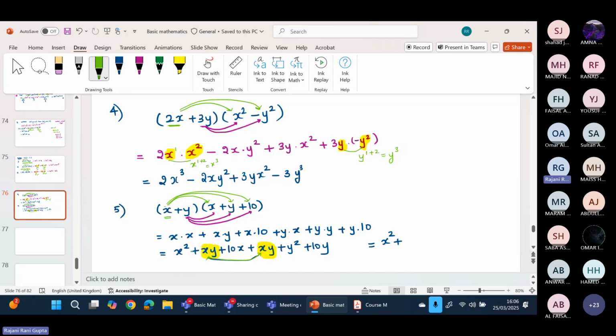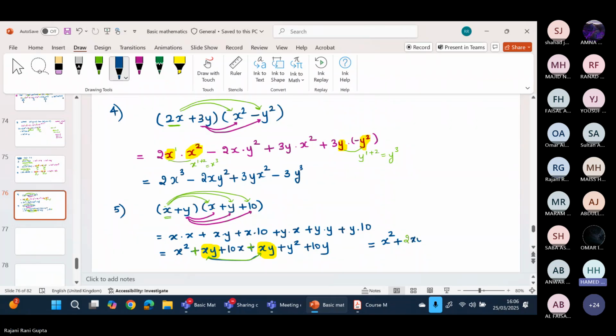No, you cannot because both are plus. Plus means you add them. If it is minus, then only you can cancel. As it is plus, you cannot. So you have to add. So this is 1, this is 1. So it becomes 2.